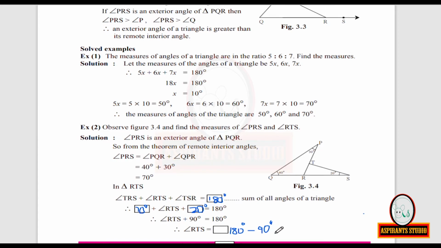So that will be equal to 90 degrees. So we get measure of angle RTS is equal to 90 degrees.